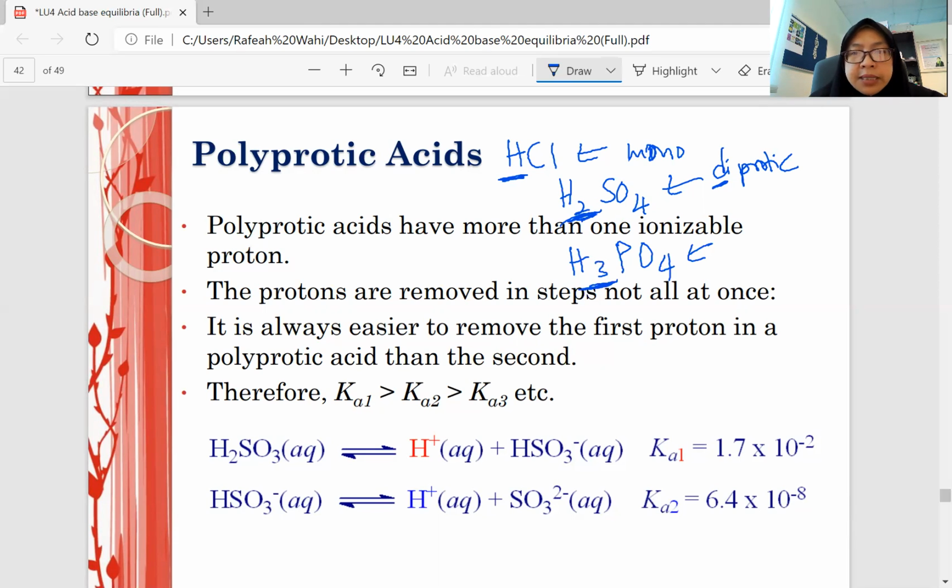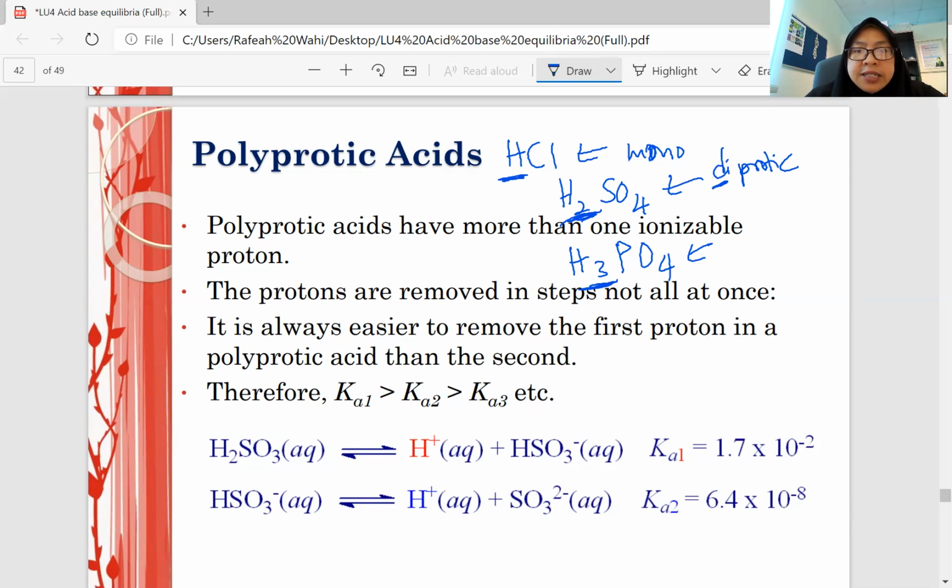These are all the same terms and have the same meanings. They ionize in steps, one by one. How do they choose which H plus is released one by one? Which one will go first? It is always easier to remove the first proton in a polyprotic acid than the second.